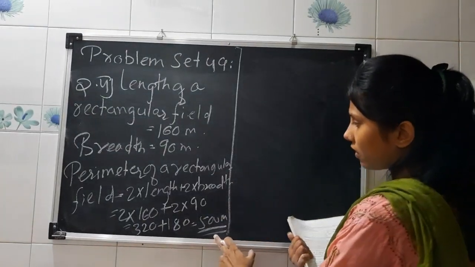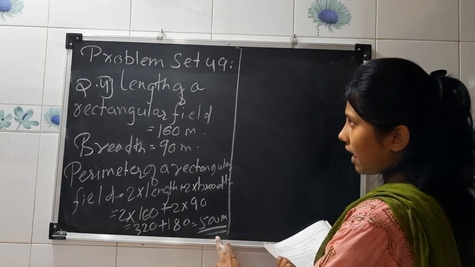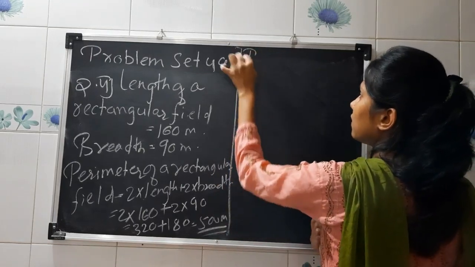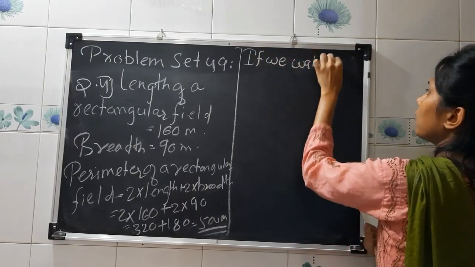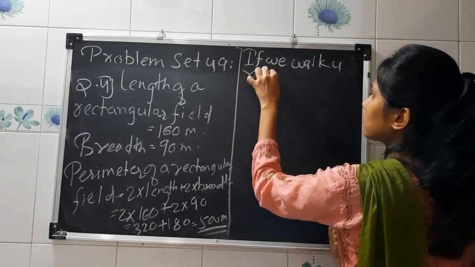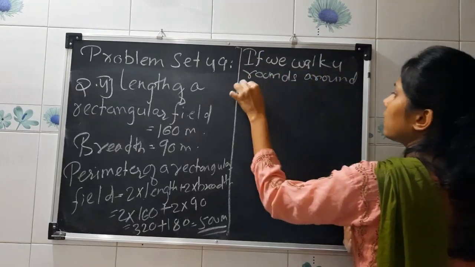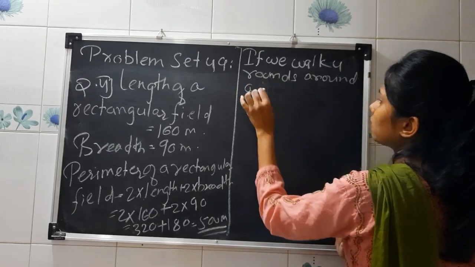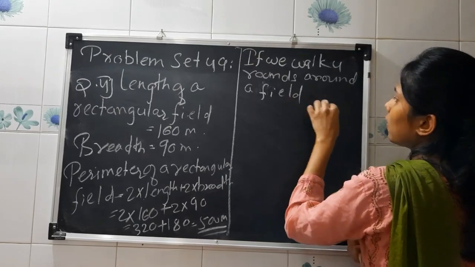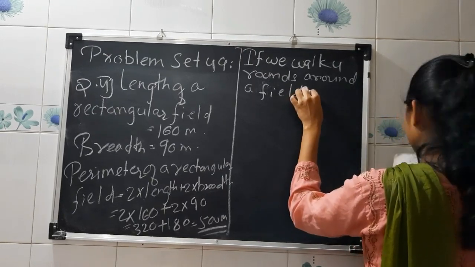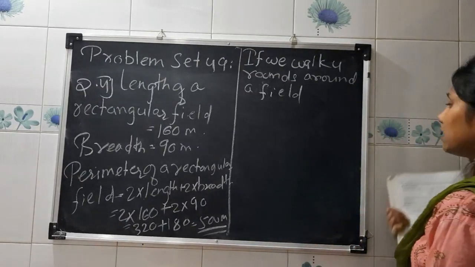Now we got the perimeter as 500 meters and they have given if we walk 4 rounds around a field, then we have to find out the distance walked in kilometers.